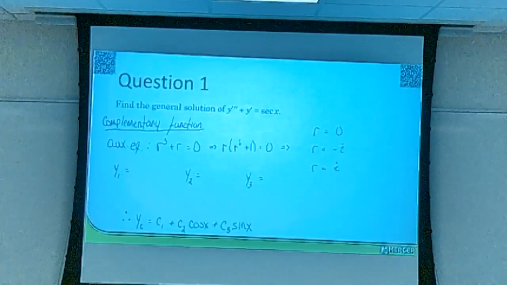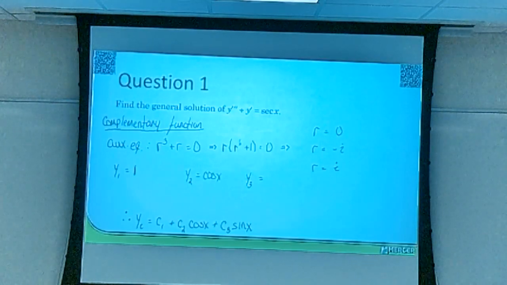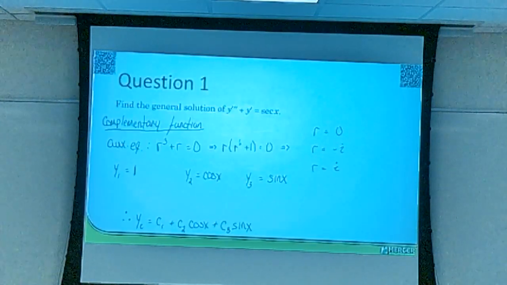It's just 1. What's y2? Cosine x. What's y3? Sine x. Those are your three independent solutions. Now for the particular.